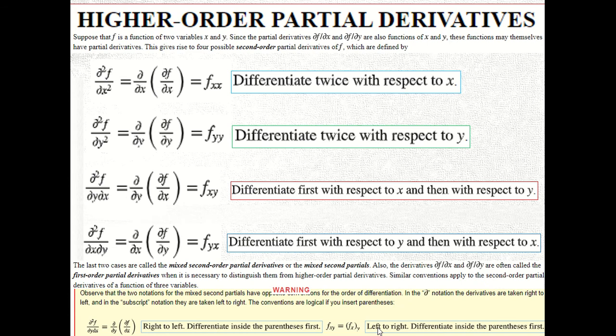So that's the left part, we differentiate partially with respect to x. After that, the result will be differentiated partially with respect to y. And that is the right part. So differentiate inside the parenthesis first.